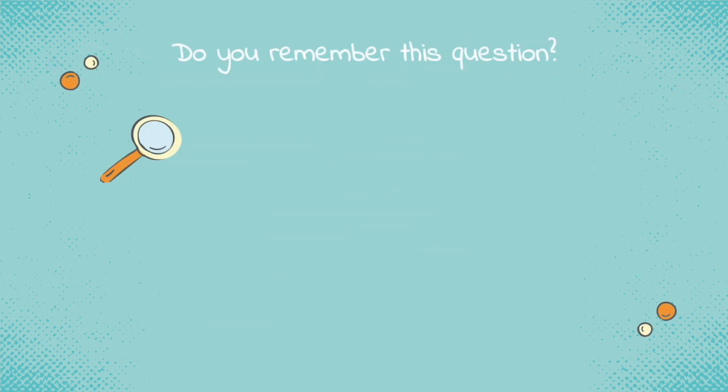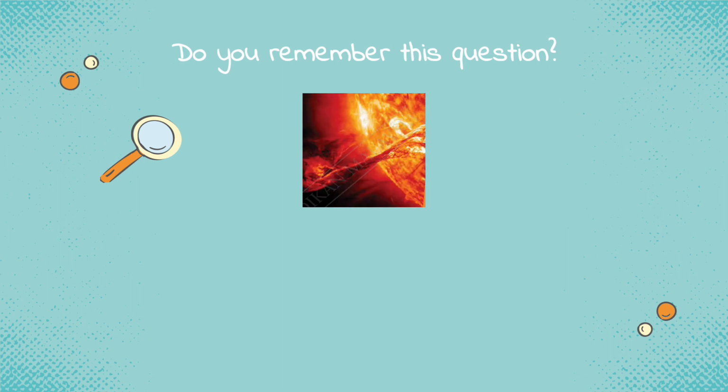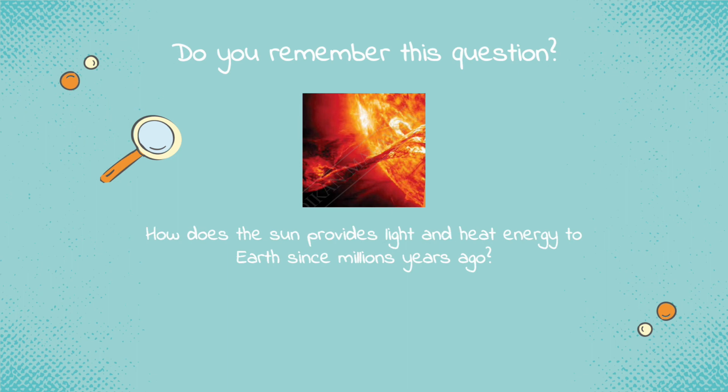Okay, class, do you remember the question that I asked you earlier? The question states: how does the sun provide light and heat energy to the earth since million years ago? So, what is the answer?